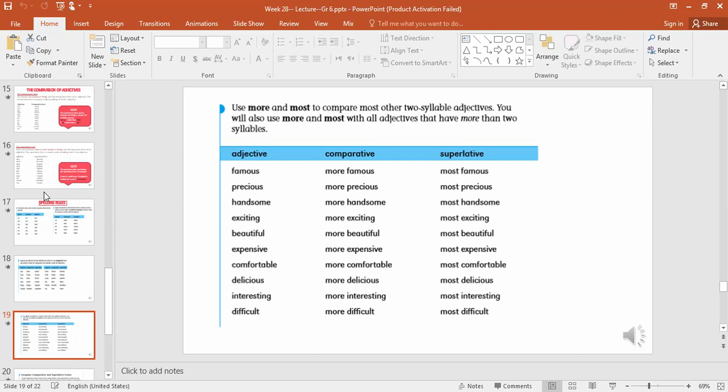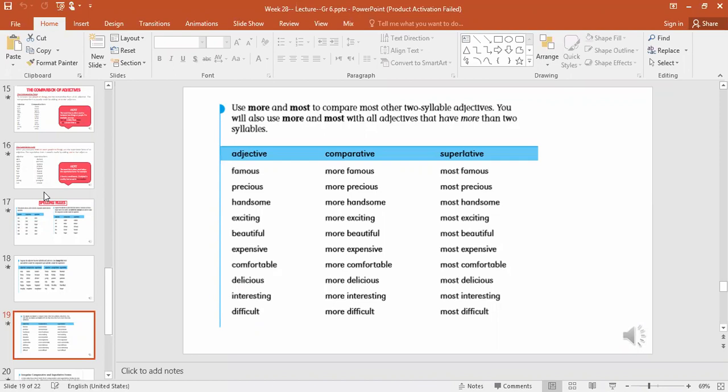How? When I'm comparing two things and I want to use the comparative form, I add more to the adjective. And if I'm using the superlative form, I add the most. If I said the red bag is more expensive than the yellow one, or if I said the red bag is the most expensive bag in the shop.